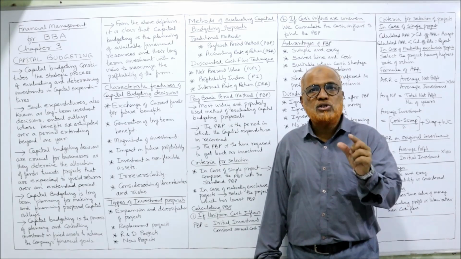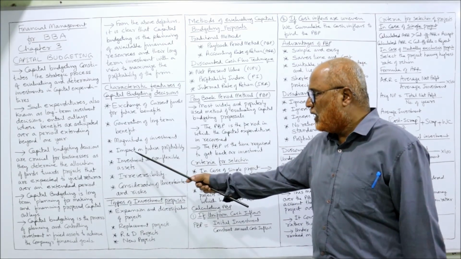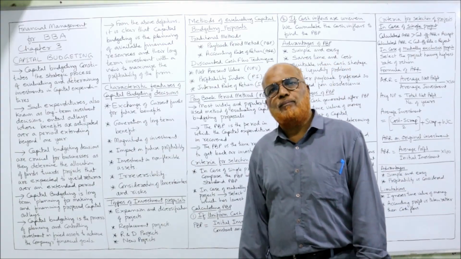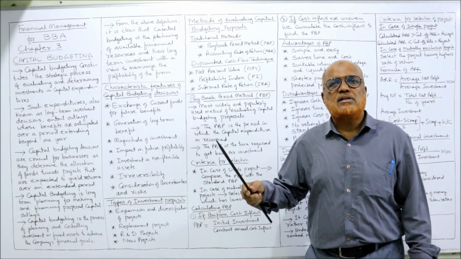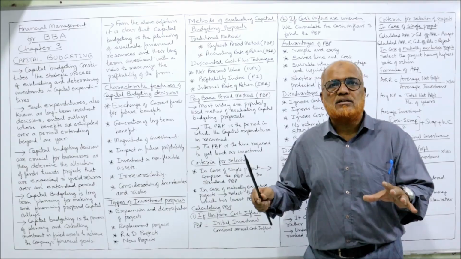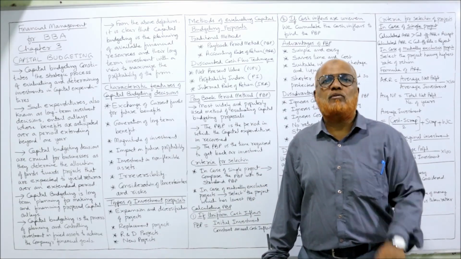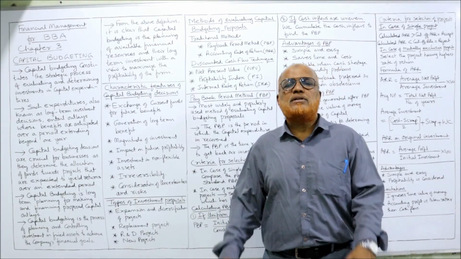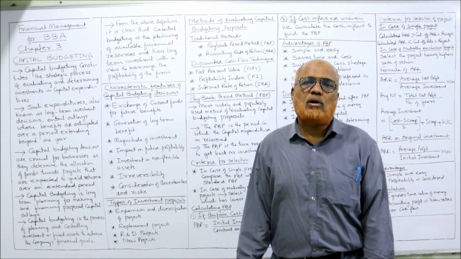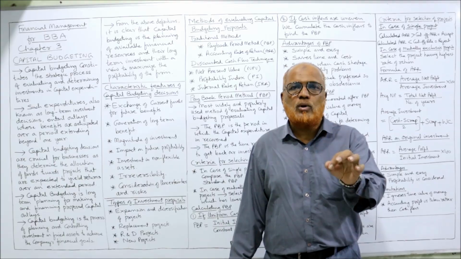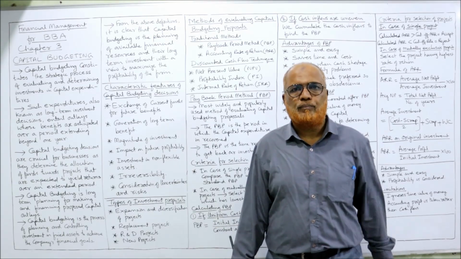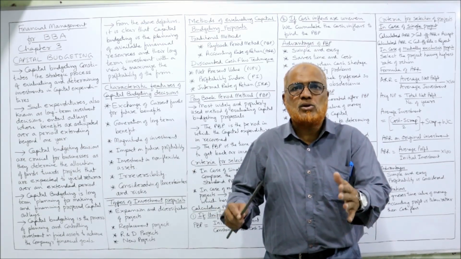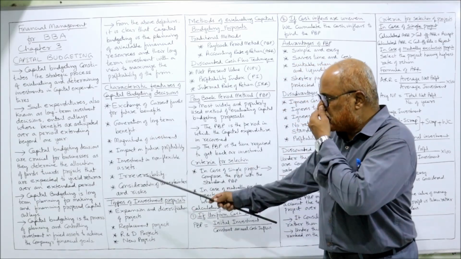Impact on future profitability. The future of the business will get affected on account of this type of decisions. If you make a wrong capital budgeting decision, definitely you have to suffer. Your business is going to suffer for a long period of time.